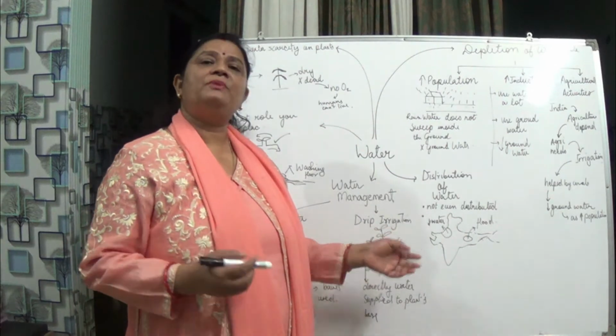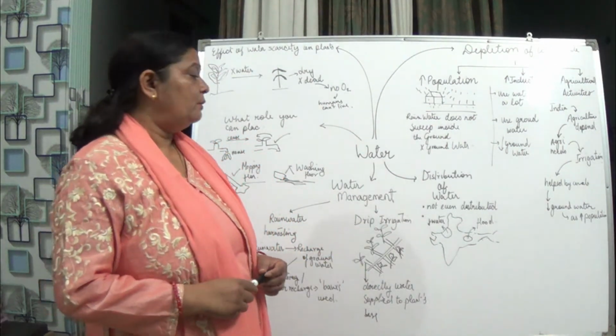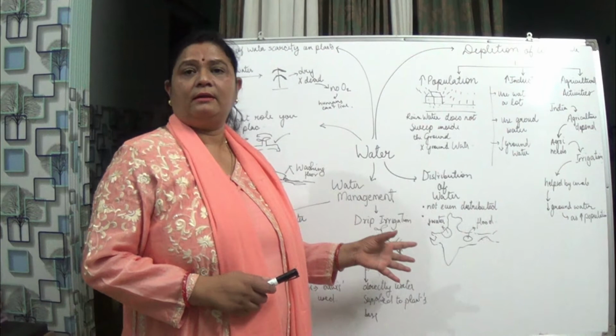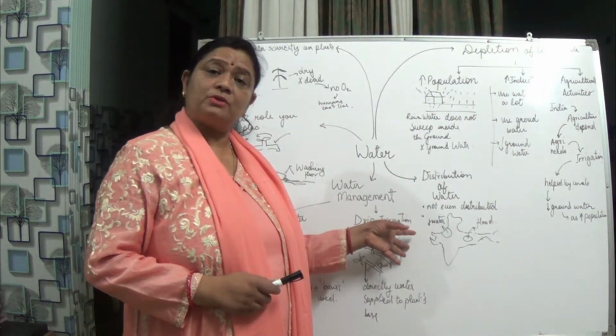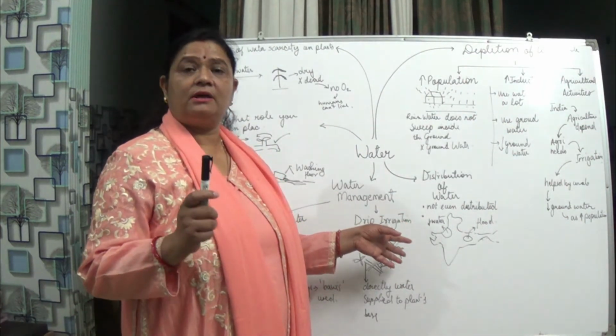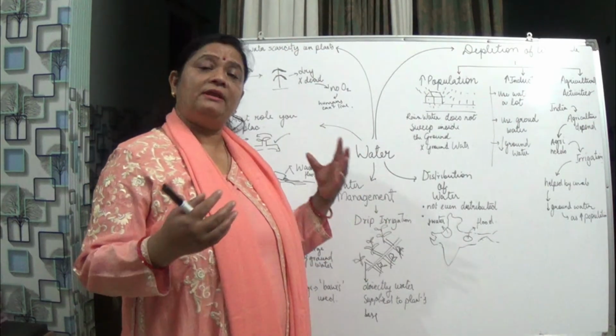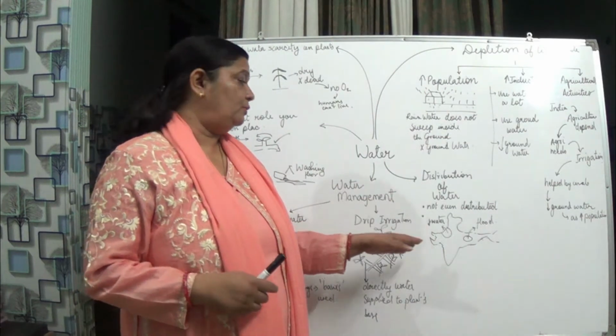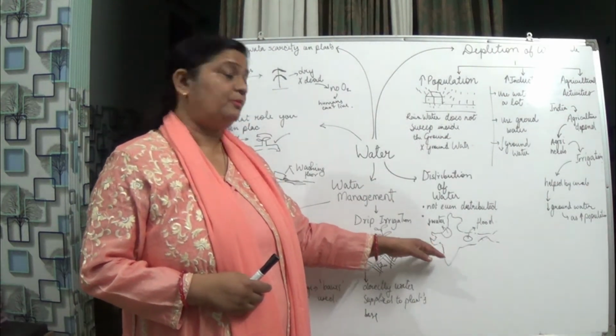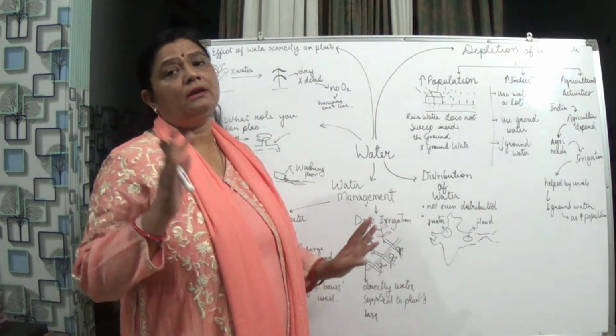So in many places of India, the flood regions are there, the scanty rainfall regions are also there, but the average rainfall regions are also there, and here if people use the water properly, there is no difficulty or problem in carrying out the day-to-day life.